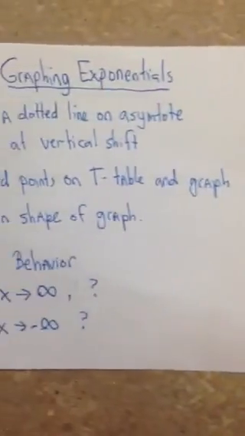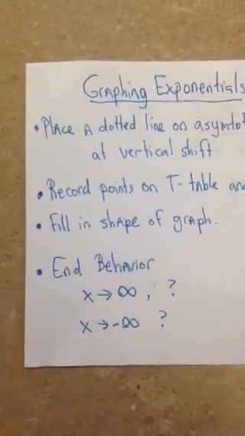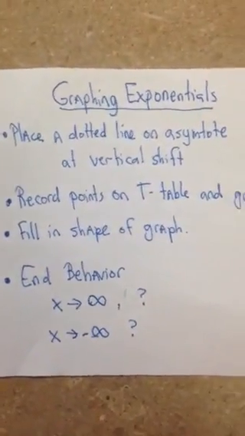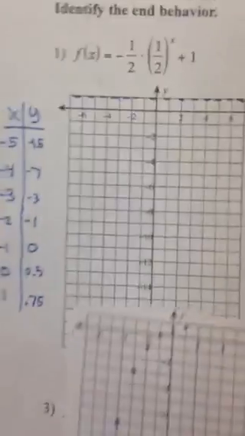So now, next thing we're going to do is we're going to record the points in the t-table. We're going to record them on the paper and also on the graph. So we're going to put the points on the graph.